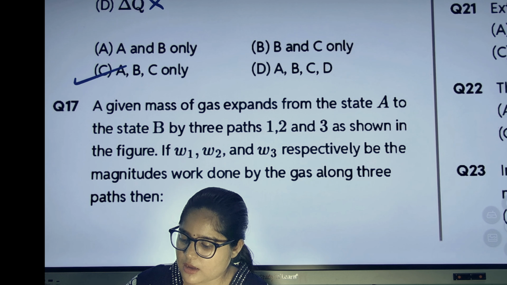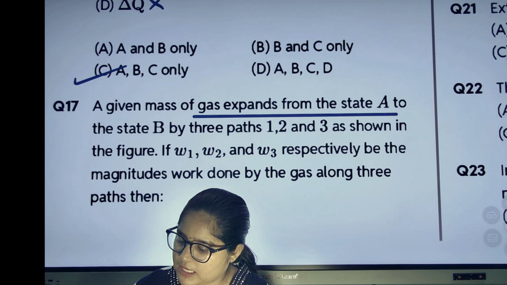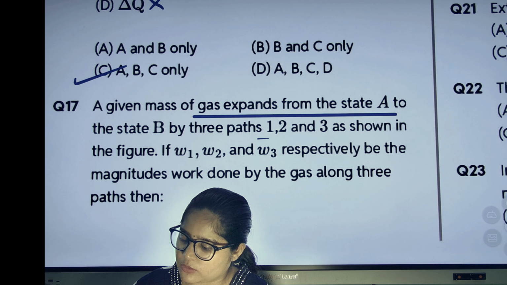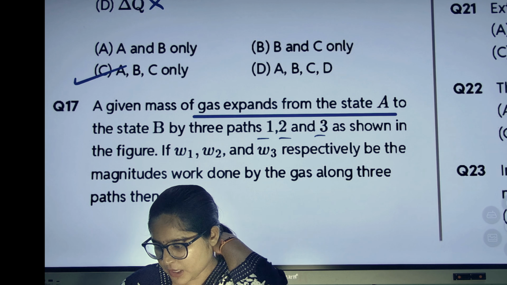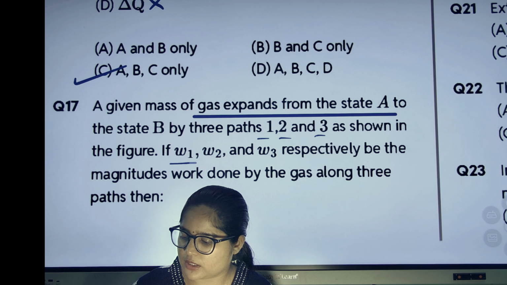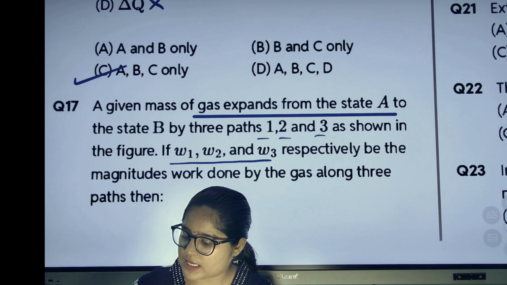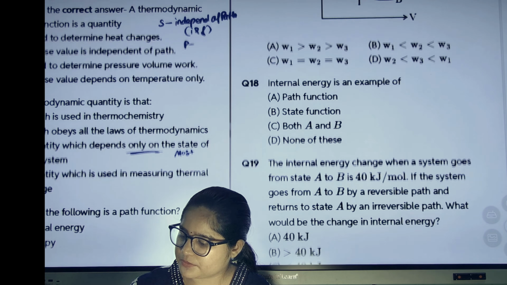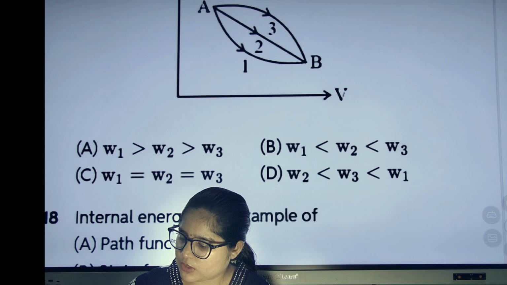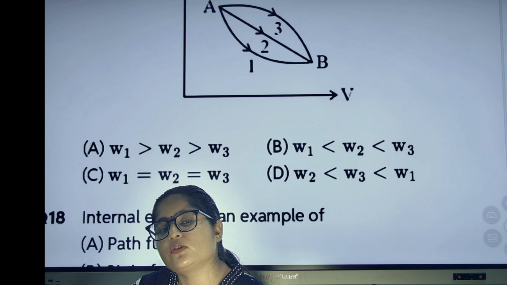Next question. A given mass of gas expands from state A to state B by 3 paths. So there are 3 paths and the gas is expanding by paths 1, 2 and 3 as shown in the figure. W1, W2 and W3 respectively be the magnitude of work done by the gas along the 3 paths, then... Now you tell me fast, is work done a path function or state function?